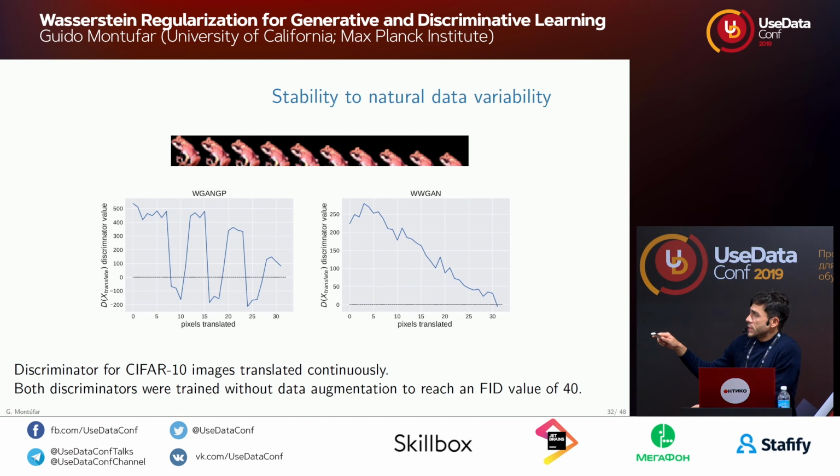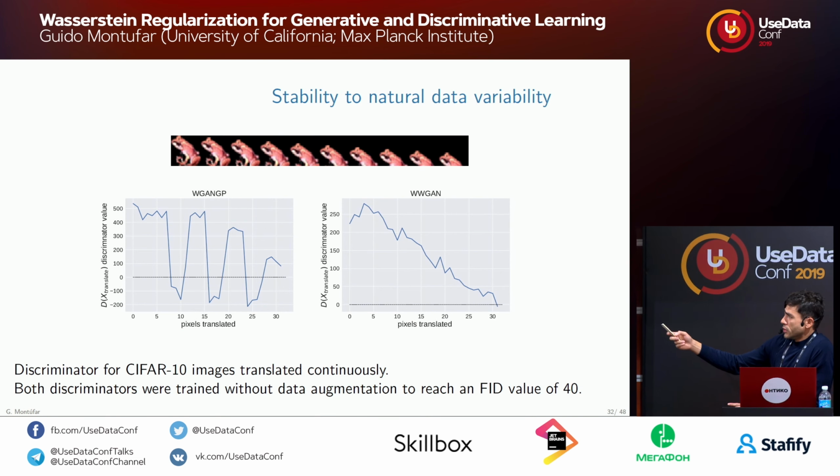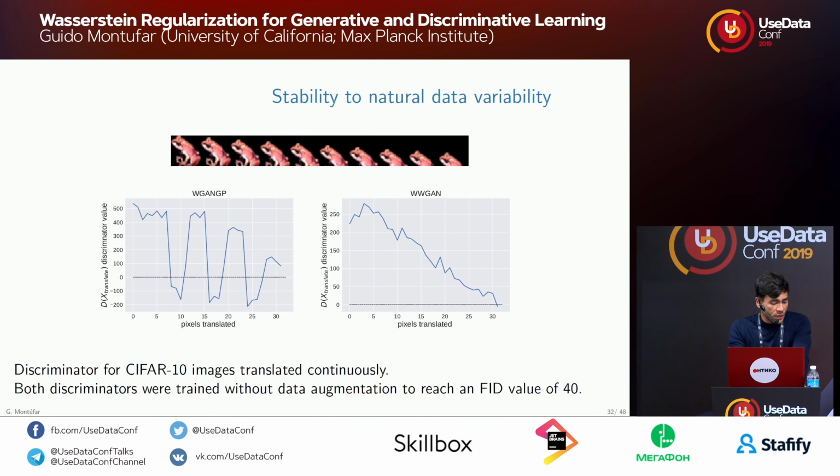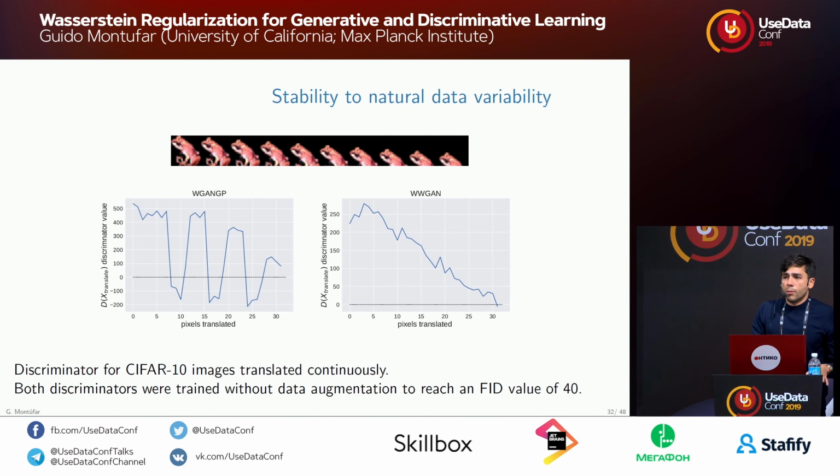The discriminator will say, oh yeah, I believe this is a real image. Then no, I think it's fake, it's real, it's fake. Whereas now with our model, we're able to have a continuous decrease of the confidence of the model that it is a real image. That's actually what we would expect.